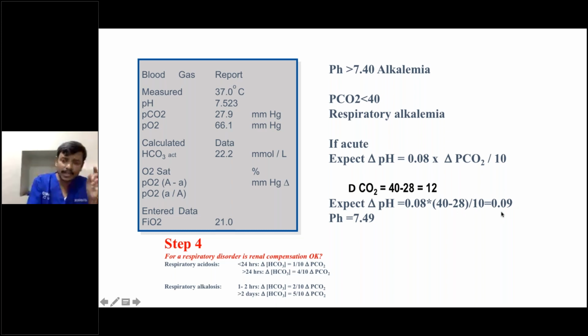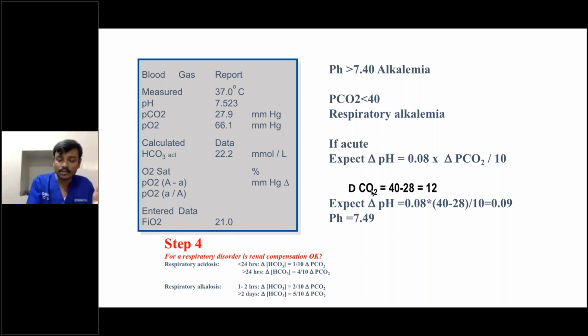So pH should increase by 0.09 because it's alkalosis, so pH should be 7.49. If it is an acute one, it should be 7.49 plus or minus 0.02, which is almost near the pH value of 7.52. So it's taken as acute respiratory alkalosis.